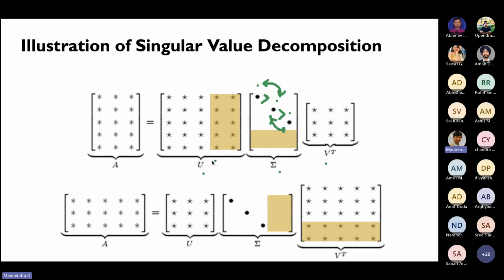Again, you can permute the entries in U and V accordingly, so that this multiplication is still valid and you get back the A. Which means this singular value decomposition will have multiple different solutions. One way to fix this and say that we have a unique solution is to put some restriction on the eigenvalues.